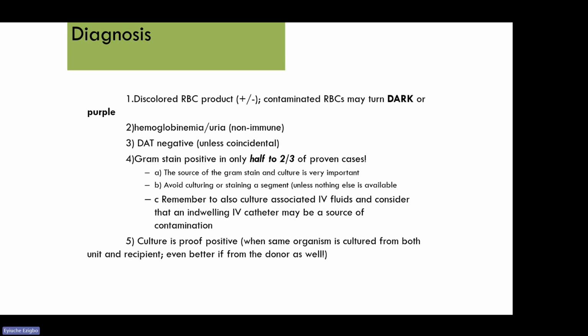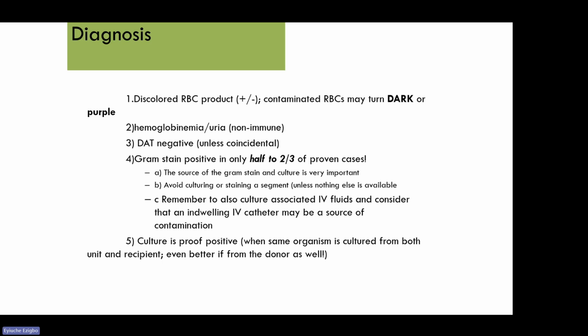We culture the donor, we culture the blood bag, we take sample from inside of the blood bag, we also take sample from the tubes of the blood bag. Then if there are any IV fluid being given at the same time, we also culture it, and then culture the recipients.